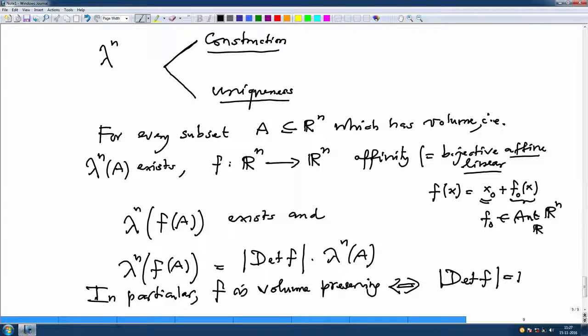Volume preserving means that by applying F you do not change the volume of a subset. This is a very important property, because when you make a coordinate change and define this map, you do not want the volume to change. So these are very important for applications. More than that I will not say.